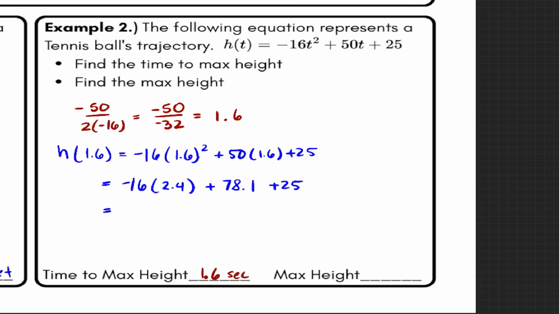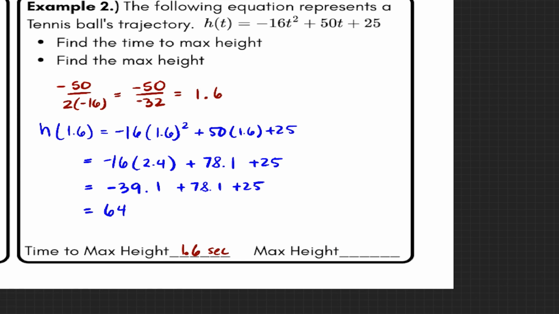Negative 16 times 2.4 is about negative 39.1 if we round to the nearest tenth. And then we're going to add 78.1 and 25. All of those add up to equal 64. So the maximum height is about 64 feet.